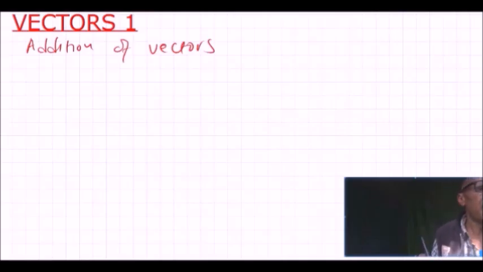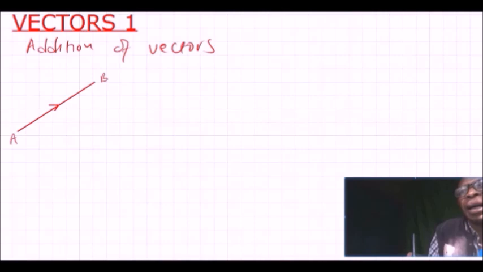Now we can add two vectors. So we can have, let's say, a vector here, and we can call it vector AB. It shows the direction and the magnitude. So that is vector AB.